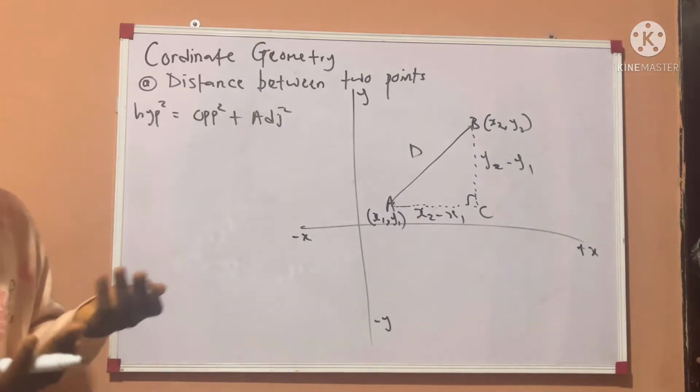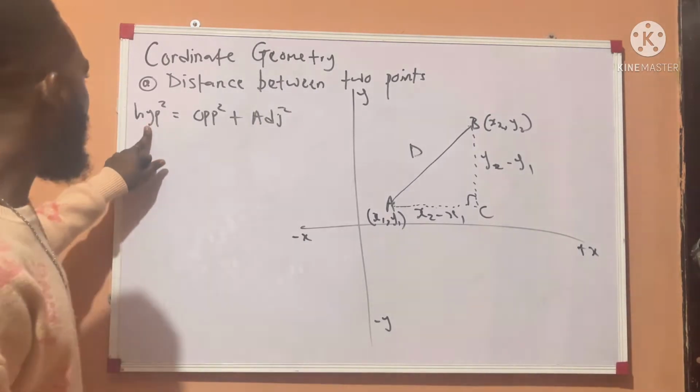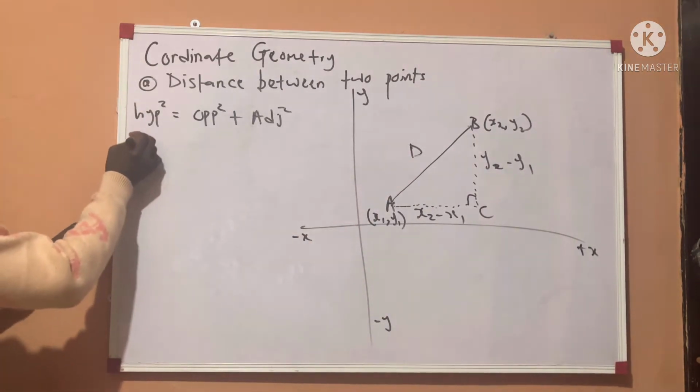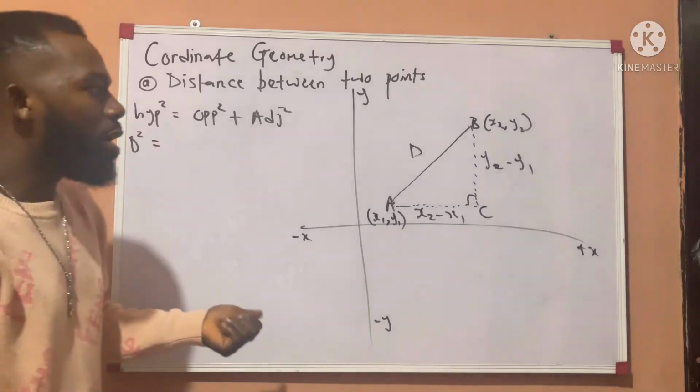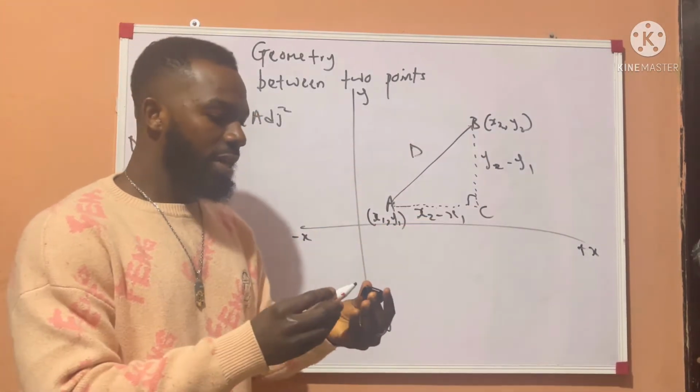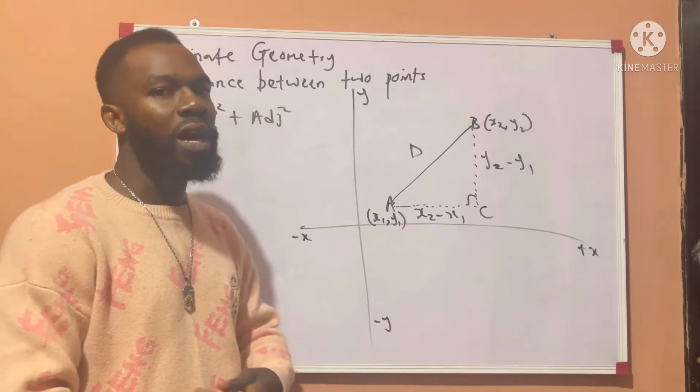Now let us substitute what we have for these values. Our hypotenuse is actually D, so here it becomes D squared is equal to, now line BC and line AC can be our opposite or can be our adjacent.